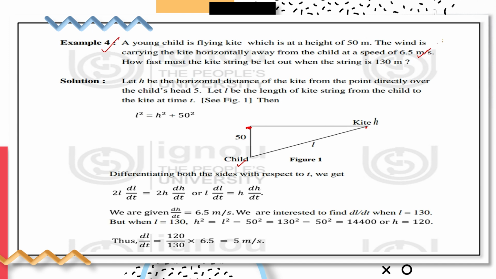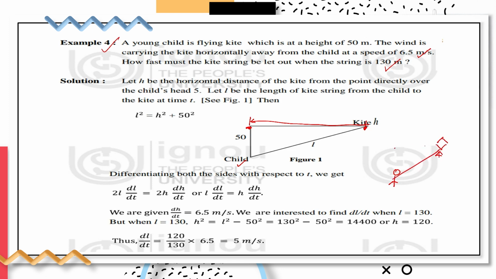How fast must the kite string be let out when the string is 130 meters? So, the string length is given to you and it is asked at what rate the string must be let out. Say the child is here, the kite is here, and this is the distance.